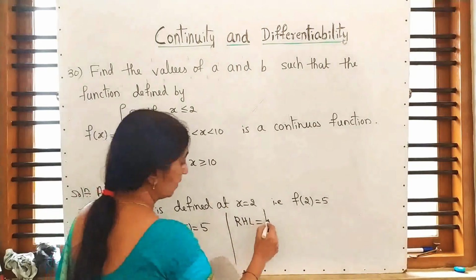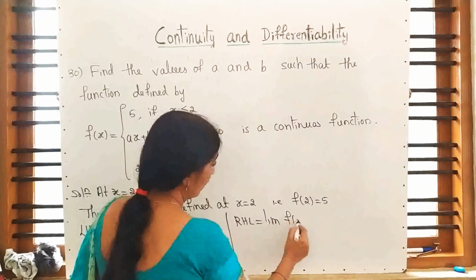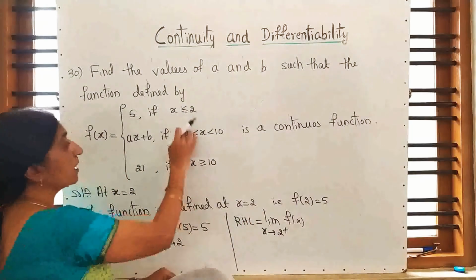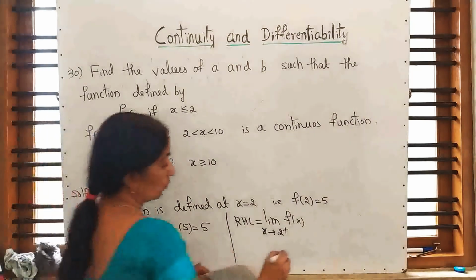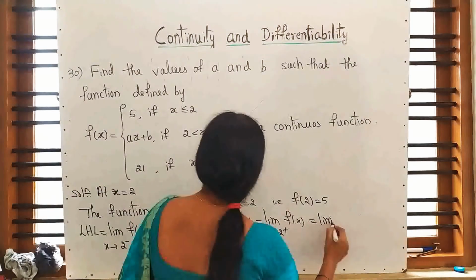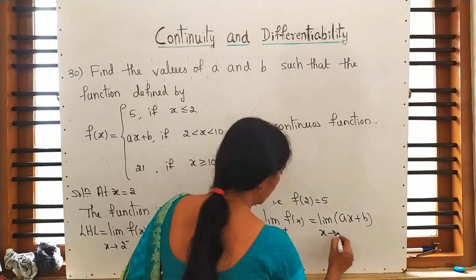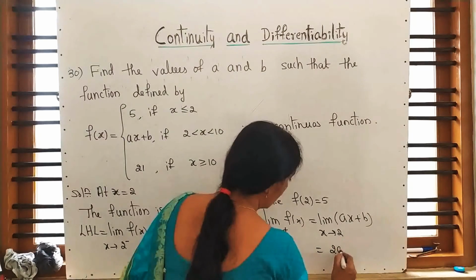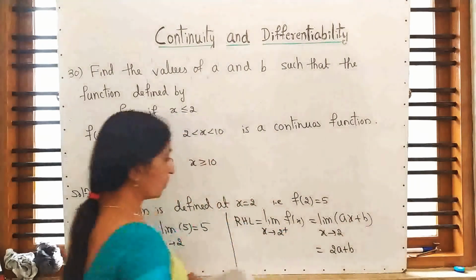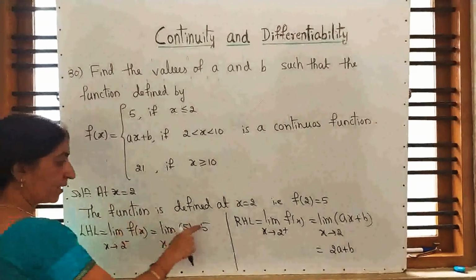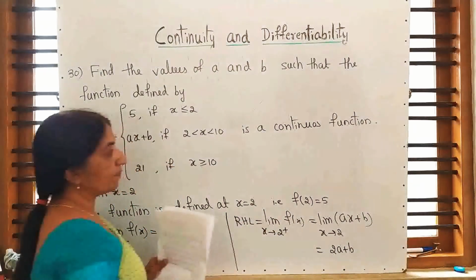Right hand limit is limit f of x as x tends to 2 plus. Here x is greater than 2, so we are selecting limit ax plus b as x tends to 2. So your answer is 2a plus b. Understood? f of 2 is 5, left hand limit is 5, right hand limit is 2a plus b.